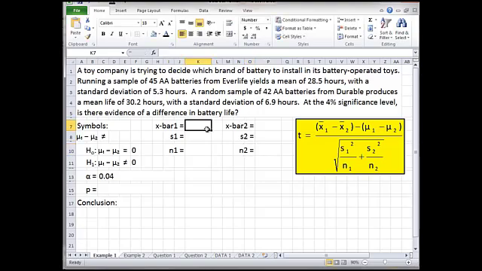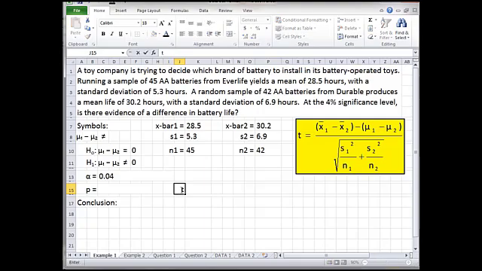So for EverLife, we had an average of 28.5 hours, a standard deviation of 5.3 hours, and a sample size of 45. And for Durable, we had an average of 30.2 hours, a standard deviation of 6.9, and a sample size of 42.